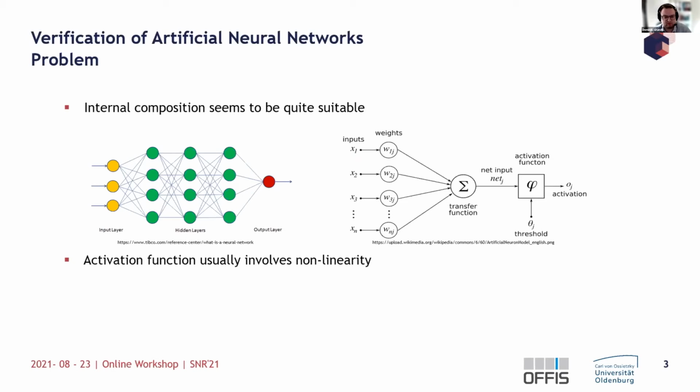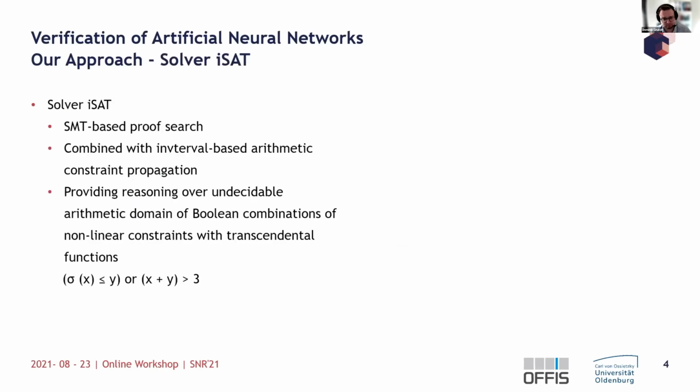This makes verification difficult to such an extent that state-of-the-art SMT solvers can't handle nonlinear functions like the sigmoid function with good scalability. We want to handle this problem a bit better with our approach.